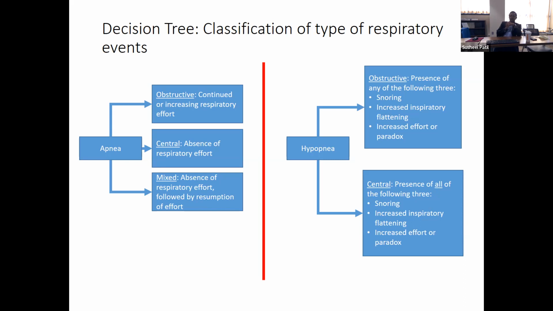A central hypopnea, in contrast, and this is incorrect here, there should be an absence of all three of these. So there should not be snoring, there should not be inspiratory flattening, there should not be an increased effort or paradox. I think that last one, increased effort or paradox, is the least useful or least sensitive to differentiate between the two.